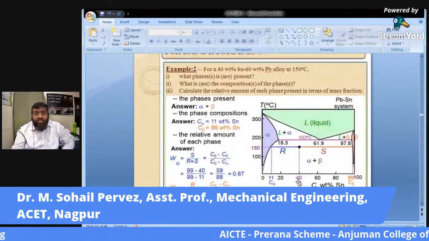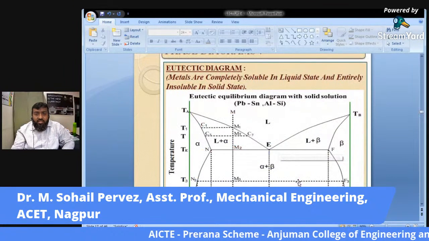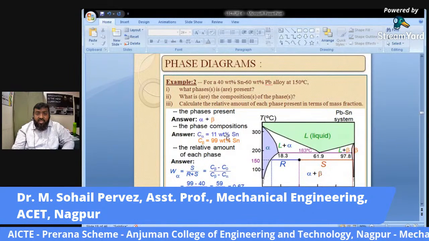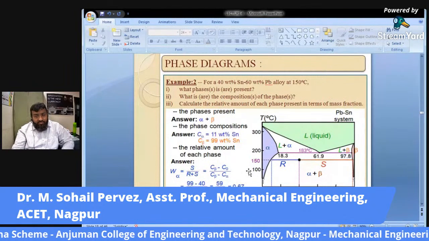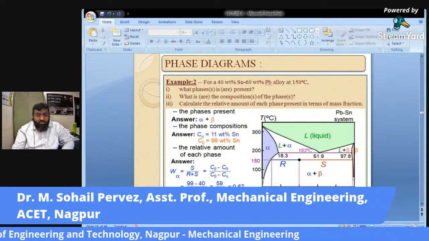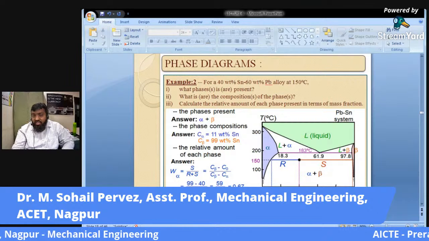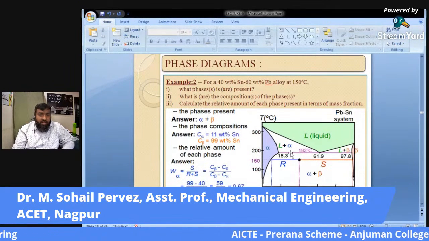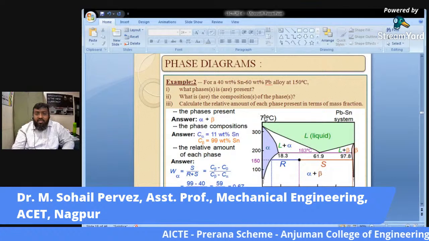The next one, example number 2. Now we are taking the example of Pb and Sn. So this is the percentage by weight of Sn, the composition on the x-axis, and temperature on the y-axis. Now the question remains the same.